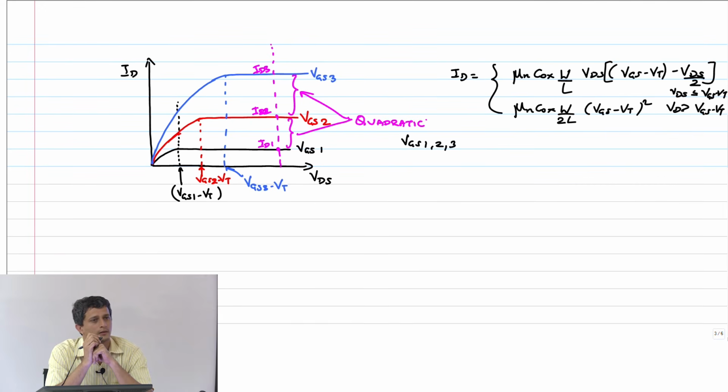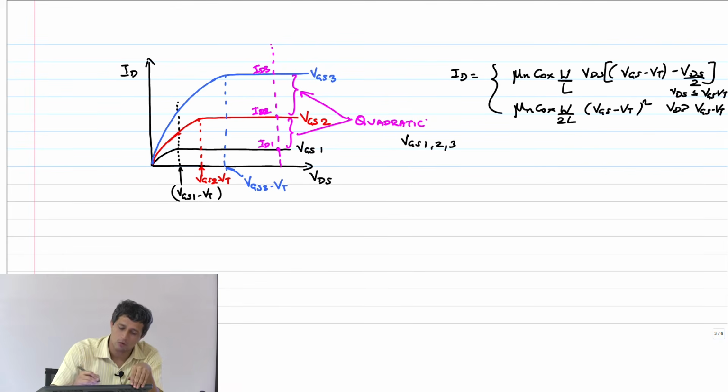Okay? Clear? Any questions here? Because next you will see that when we go to a short channel transistor, this quadratic relationship will vanish and it will become a linear relationship. So if you want to find out if a transistor is long channel or short channel, this is one of the things that you can look for, whether this goes quadratically or linearly.